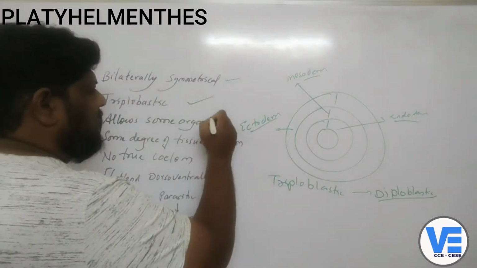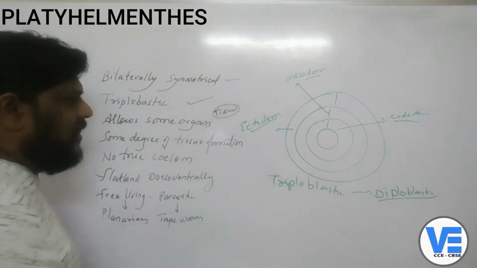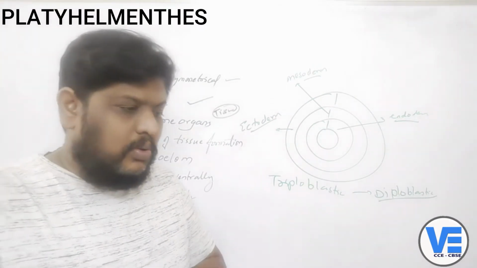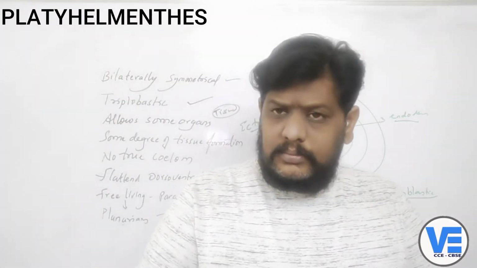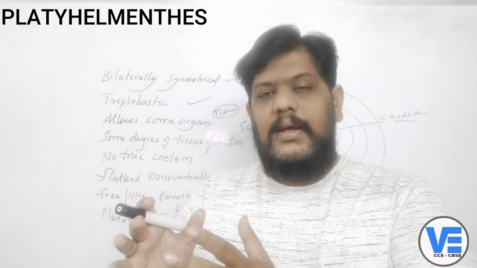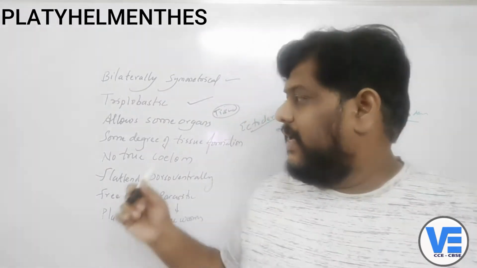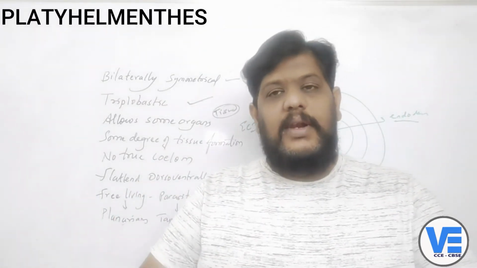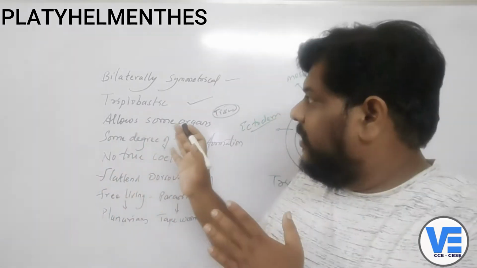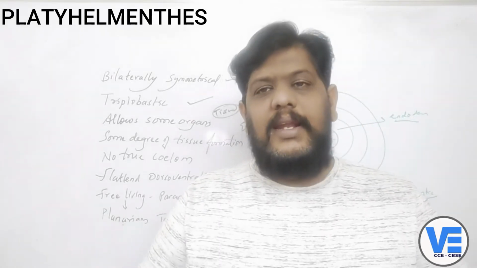In the last one we have seen only up to tissue formation. Because there are three layers here, they will allow some organs to form in the body. So basically when you have seen the Coelenterata, the differentiation was allowed only till tissue formation. But here even the tissues undergo differentiation and form organs. So this particular phylum allows a few organs in their body.